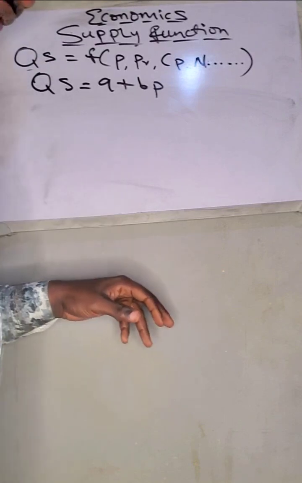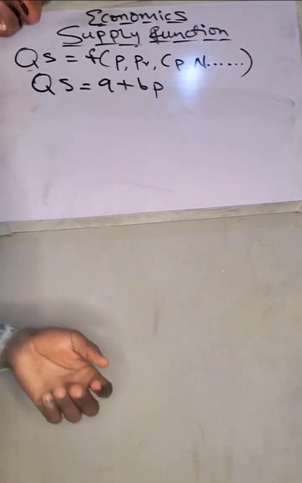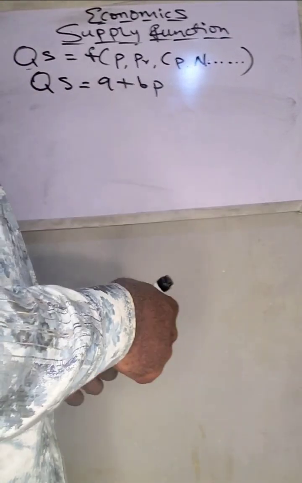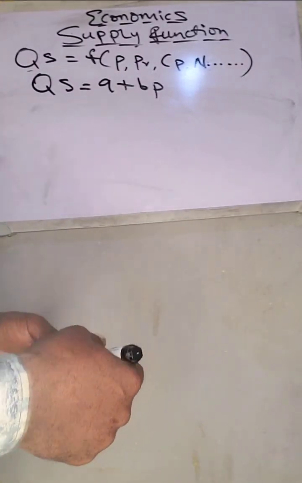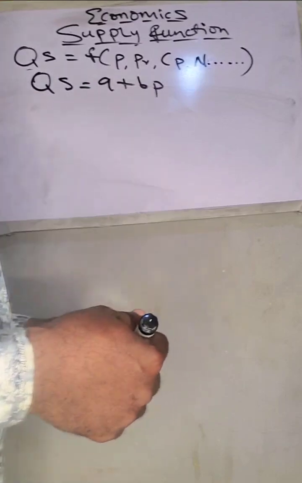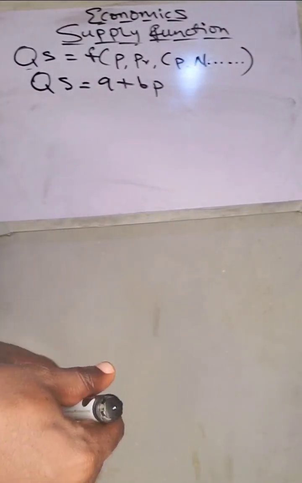A is for what? Autonomous supply. What is autonomous supply? Autonomous supply is a quantity of goods or service the producer is willing to supply regardless of current market price.